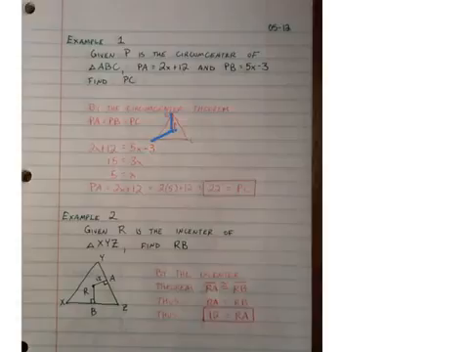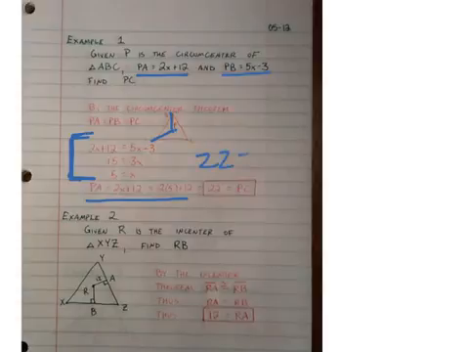Because it is the circumcenter, we know that PA is equal to PB, and we can create an equation using that knowledge to solve for our variable x. Once we know x, we can plug it in and find the length, and consequently that gives us the length of all three of those segments, PA, PB, and PC.